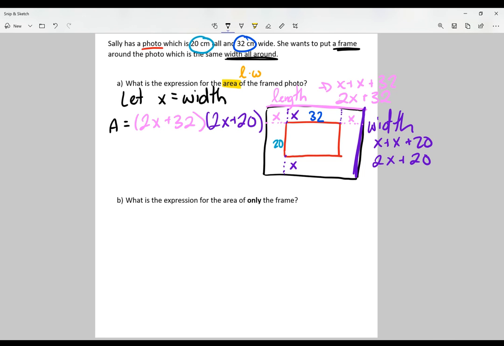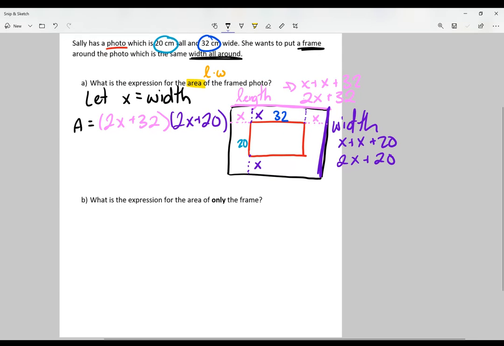Okay, so let's multiply it out. We got 2x times 2x. 2 times 2 is 4. x times x is x squared. 2x times 20. 2 times 20 is 40. Keep the x. 32 times 2x. 32 times 2 is 64. Keep the x.